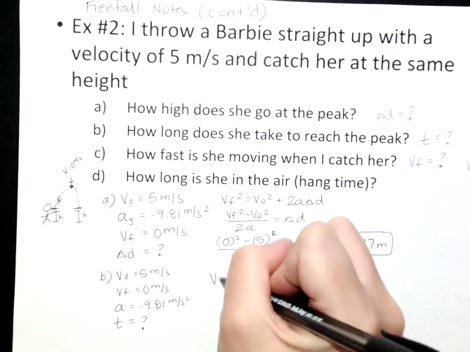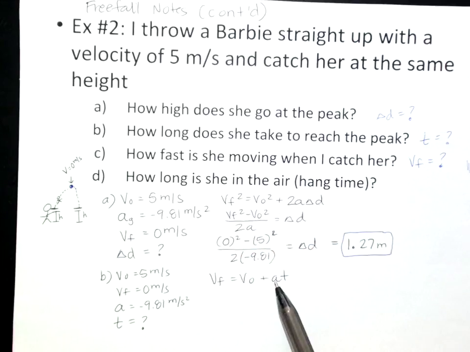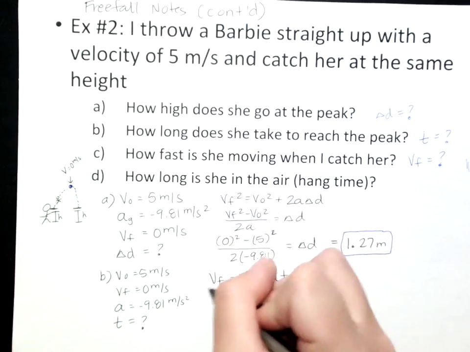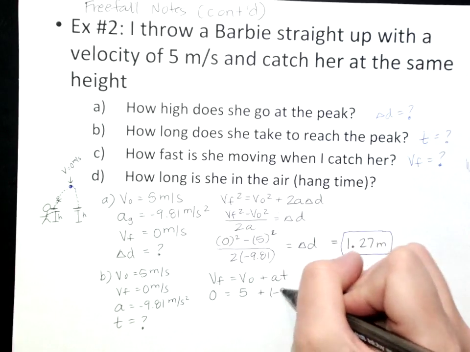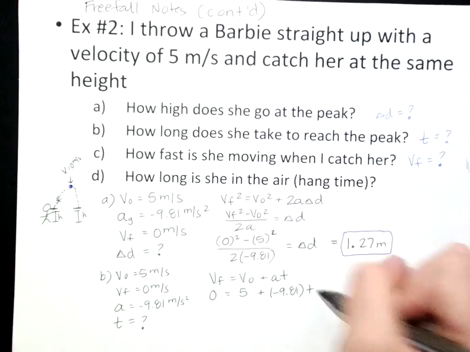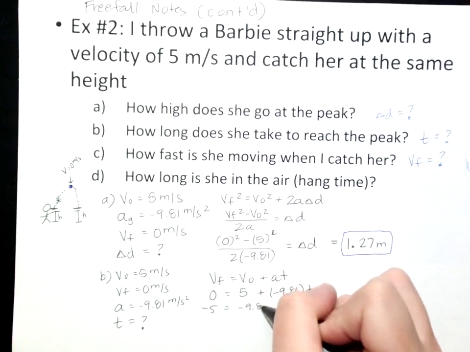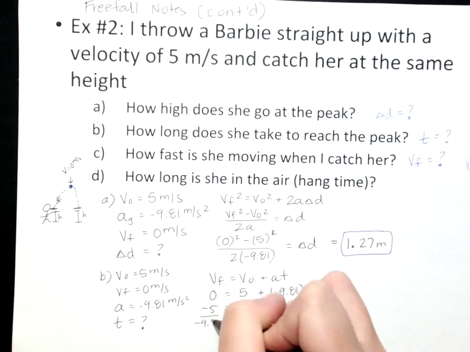So we can go VF equals VO plus AT. Although we'll have a negative number here, so let's just solve it. V final equals 0, V initial equals 5 plus negative 9.81 times time. We subtract 5 on this side, you get negative 5 equals negative 9.81 T. Divide by negative 9.81, divide by negative 9.81.